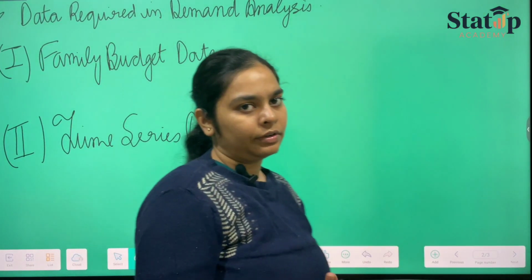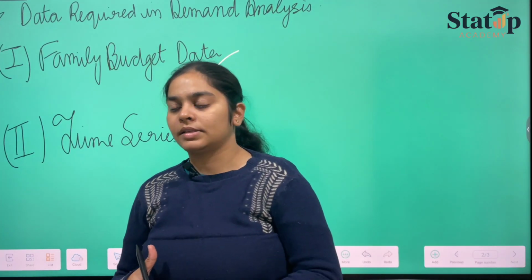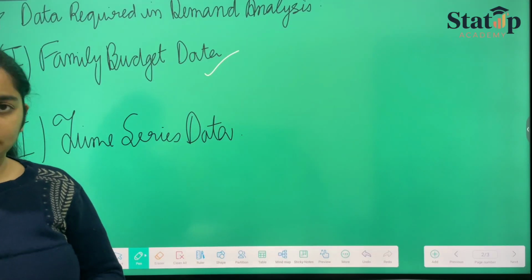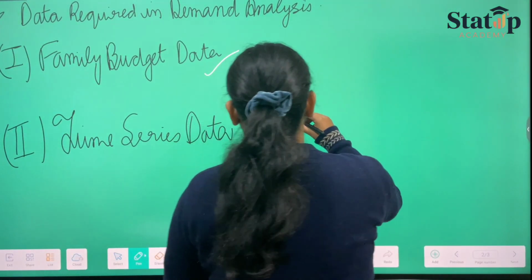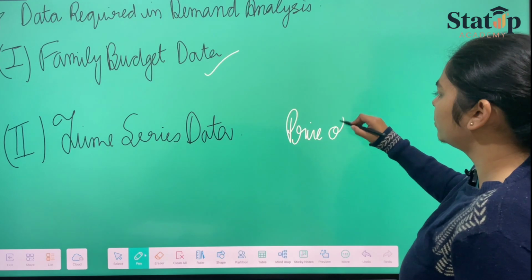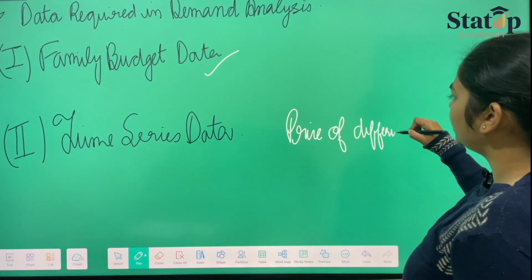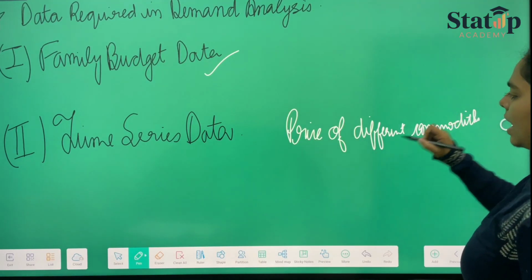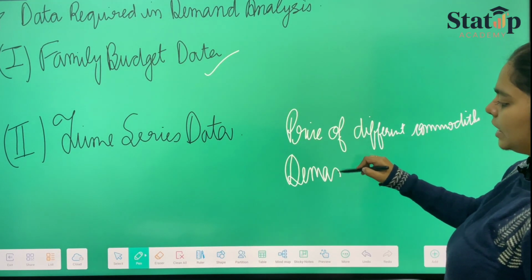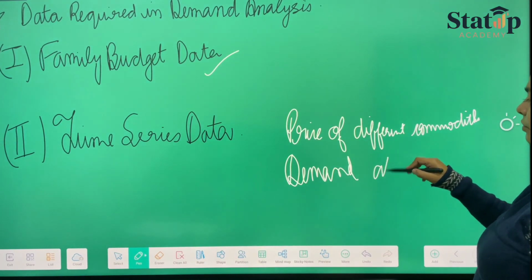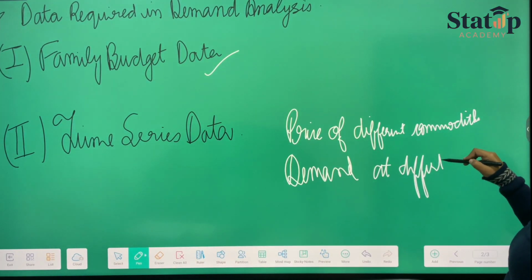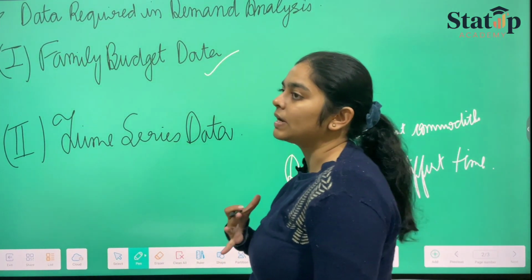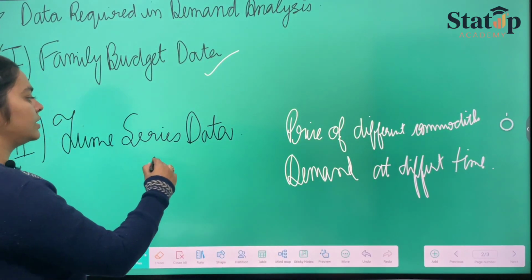Different commodities have different prices, and the demand for the same commodities at different time periods is calculated and taken into consideration and then studied under time series data, which is the second type of data.